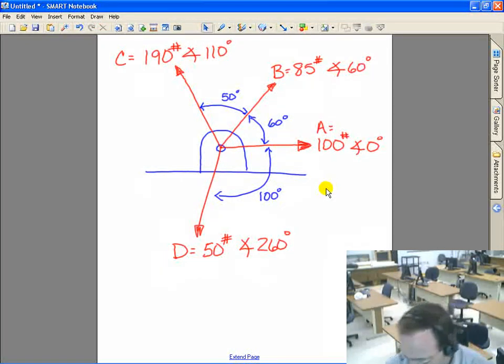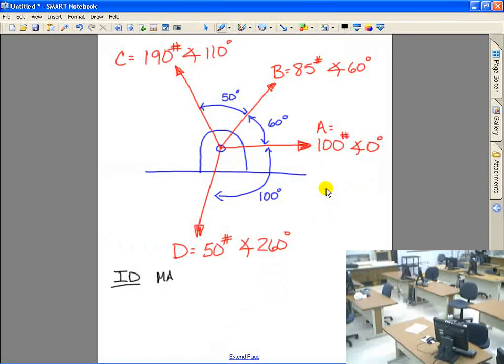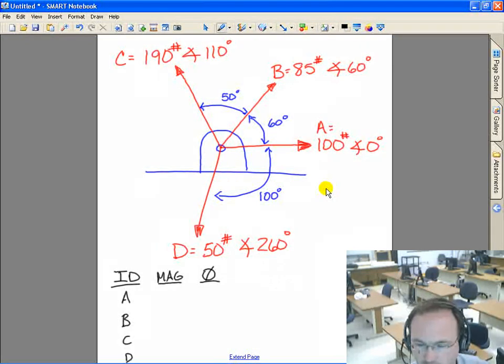So we have our listing. If we do our force table, ID, magnitude, and direction, we have force A, B, C, and D. Force A is 100 pounds, angle of 0.